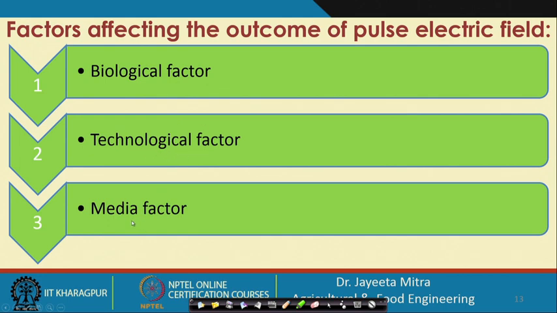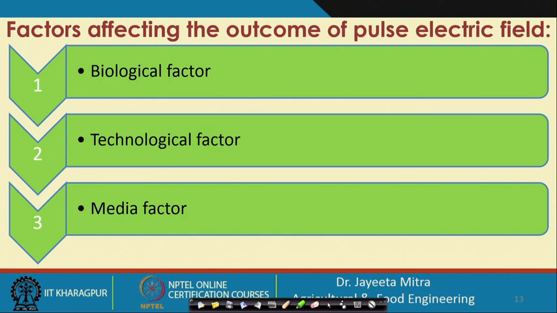And lastly, the media factor. That means we are dealing with many kinds of food. Normally with pulse electric field we are treating liquid food, which may be acidic food, water, or something different, and the properties of that food may vary. So, what kind of effect it will have depends on case to case.